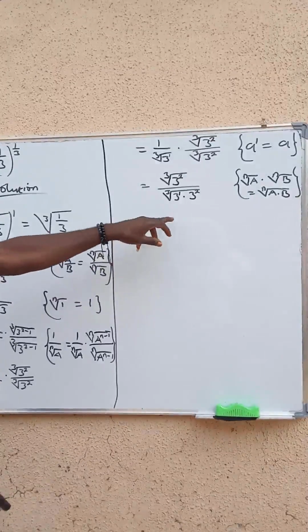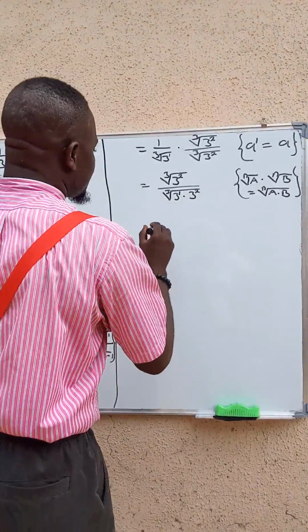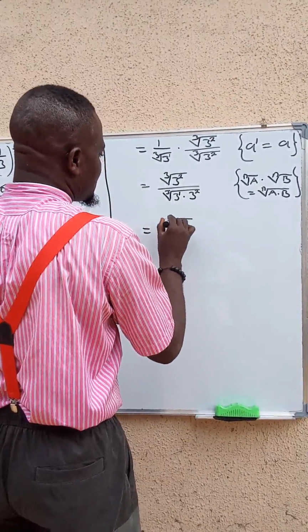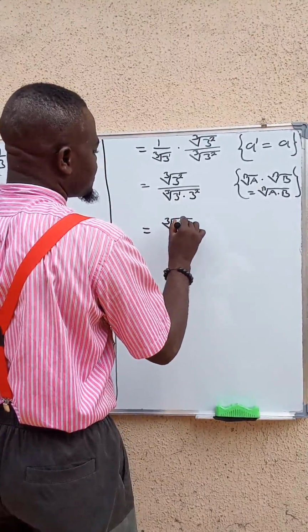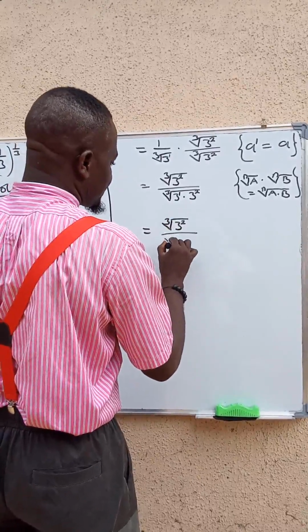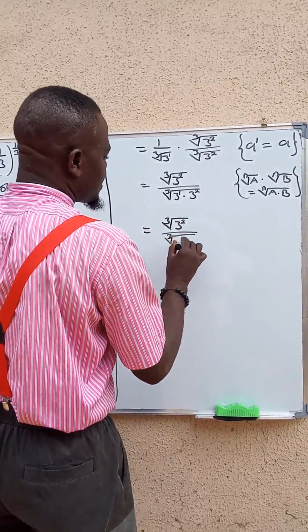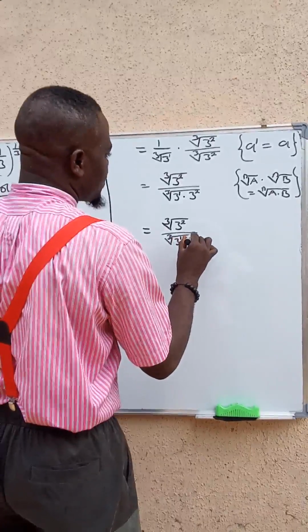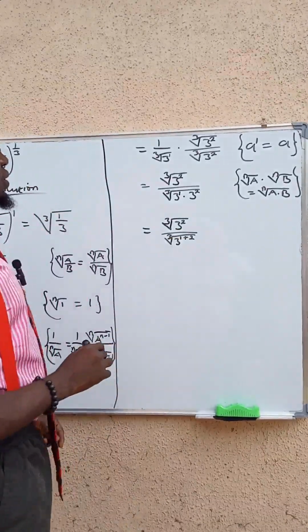Now, if you look at this very well, you agree with me that this is still the same thing as the cube root of 3 raised to the power of 2 over the cube root of 3 raised to the power of 1 plus 2.